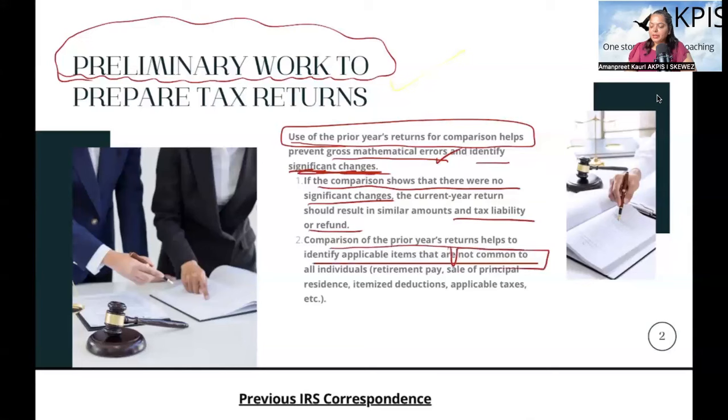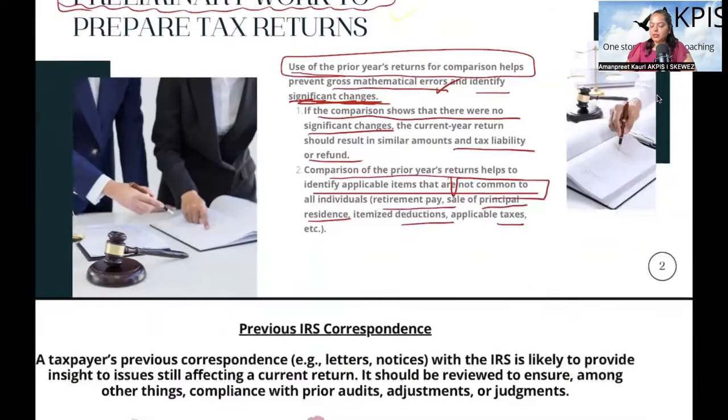For example, as I told you a couple of minutes ago, you sold your principal residence, you sold your property, or you're eligible for retirement pay, or maybe any kind of deduction or taxes and all that. So it's really very important to compare your previous year income tax returns with the current one for accuracy and for any kind of changes. For two things majorly: for accuracy and to ensure any major changes.